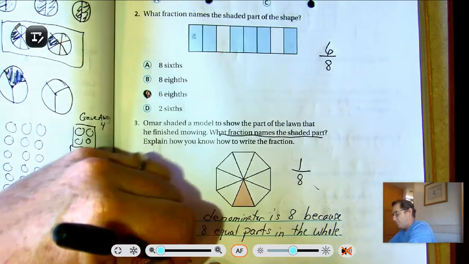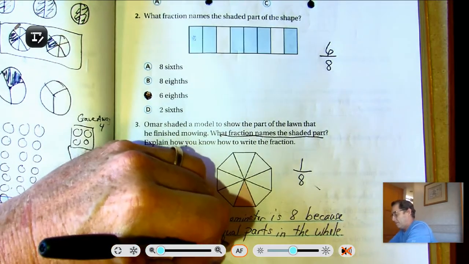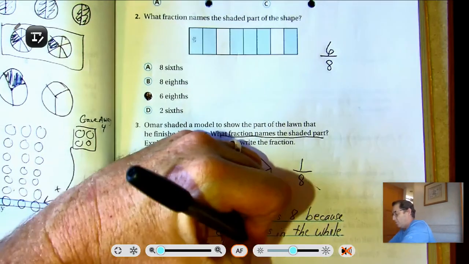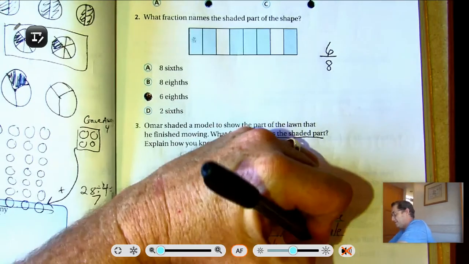The numerator is 1 because only one equal part is shaded.